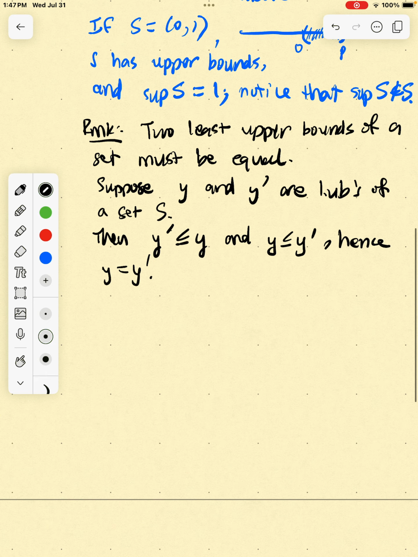And one thing that's also worth noting is, by the first remark, it makes sense to refer to the least upper bound of a set if it exists. Not just a least upper bound, the least upper bound.